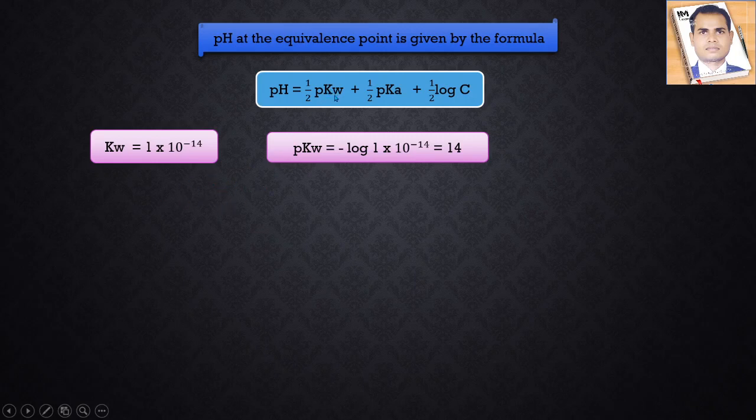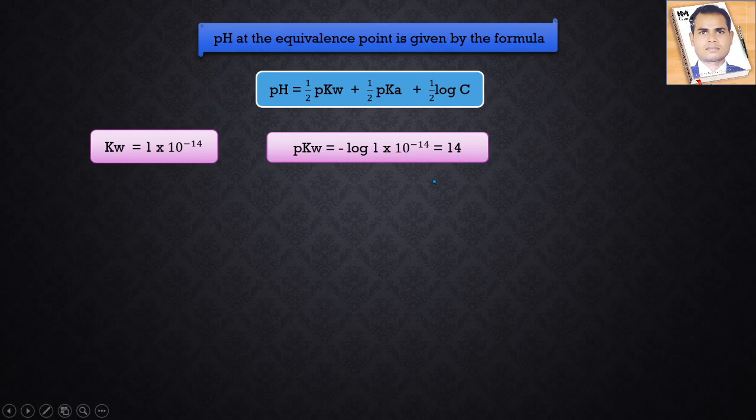What we require here is pKw, so you simply take the minus logarithm of this value. You take minus log 1 into 10 raised to minus 14, so you will get 14.